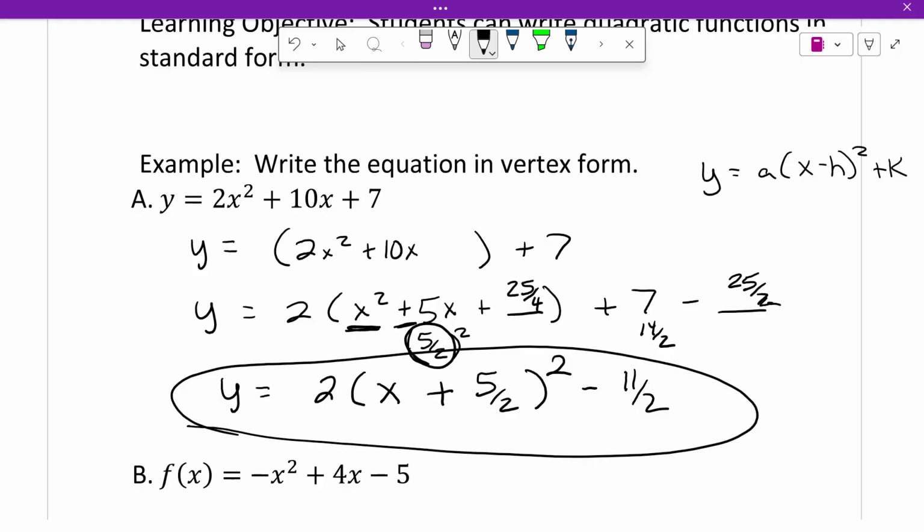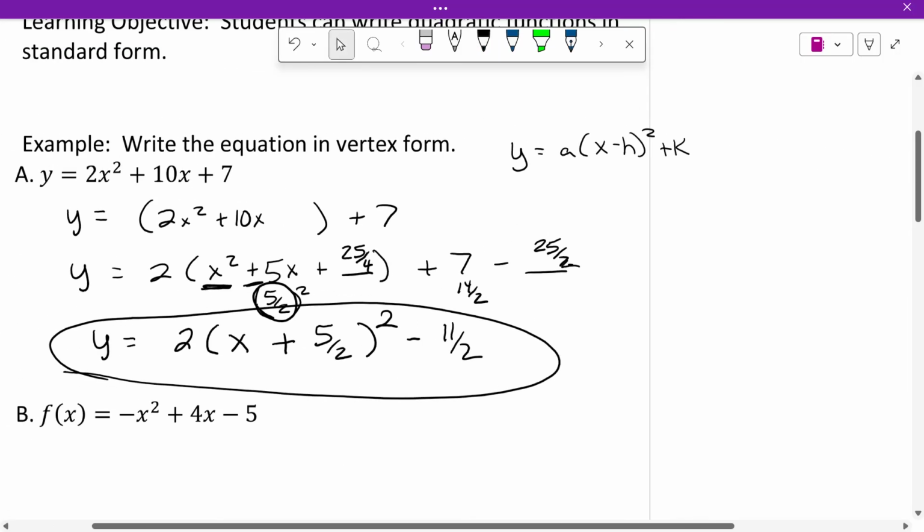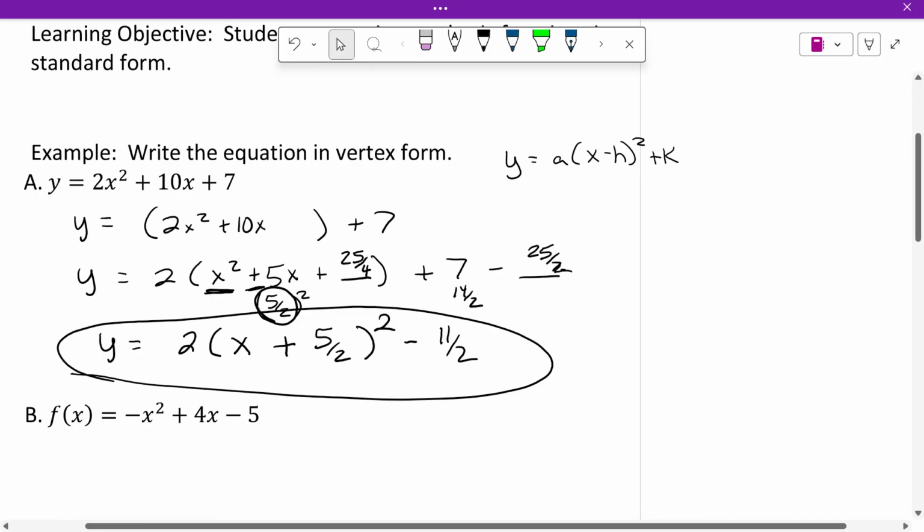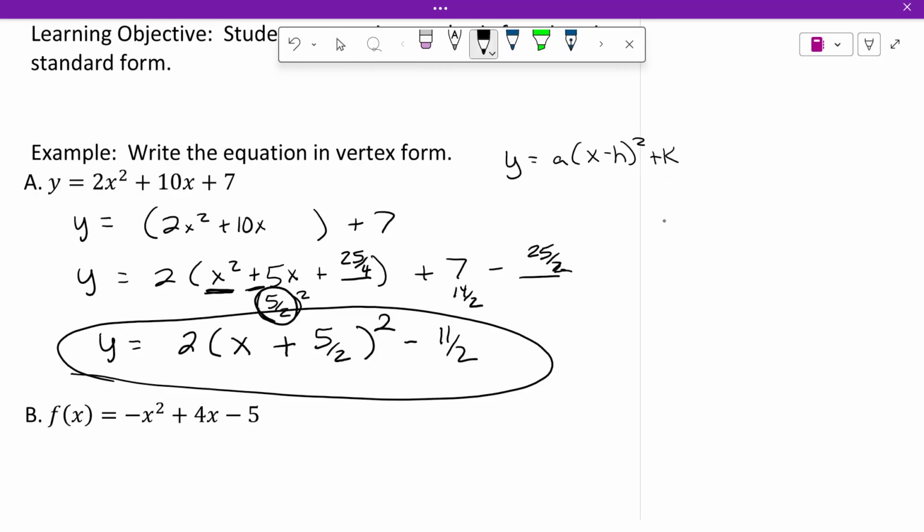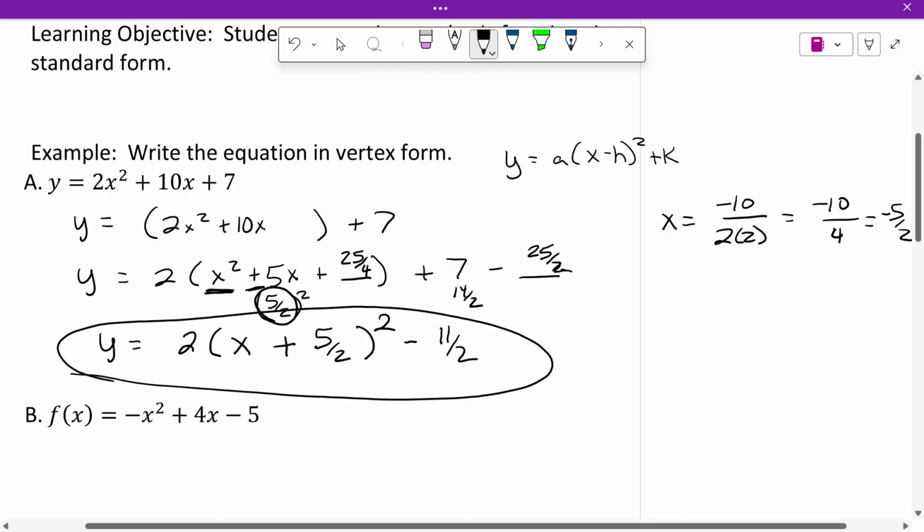And there's vertex form, and you're going, well, geez, that's more complicated than the negative b over 2a. Well, watch negative b over 2a once. Okay? The x value of the vertex is negative b, negative 10 over 2 times 2, which is negative 10 over 4, which is negative 5 halves. Okay? And then if we put that in, 2 times negative 5 halves squared plus 10 times negative 5 halves plus 7.